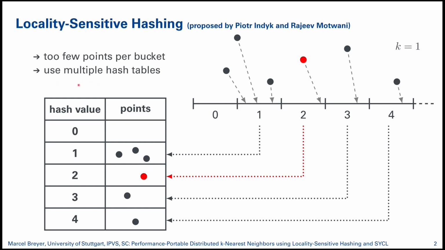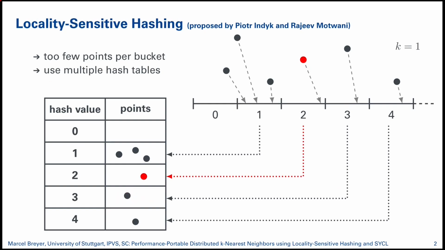In the first hash table, the data points are inserted like this. But in a second hash table, this data point is mapped to segment 3. Now this data point is inserted into hash bucket 3 alongside this data point, and now the nearest neighbors of those two data points can be calculated.